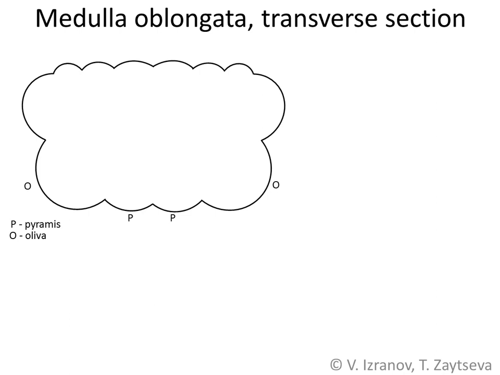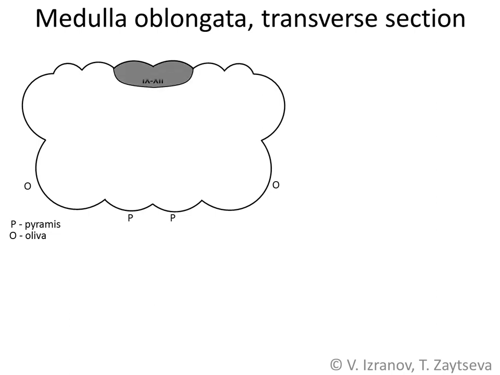In plural, olives, but in singular, oliva. It's in Latin. Later we shall see what we can find inside of it. There is both gray matter there and white matter also.